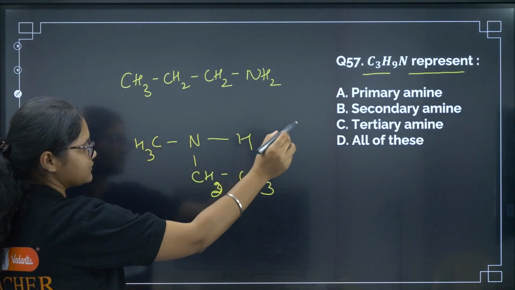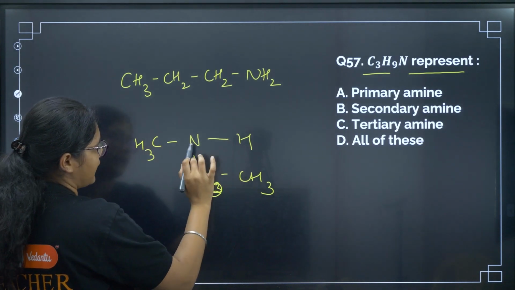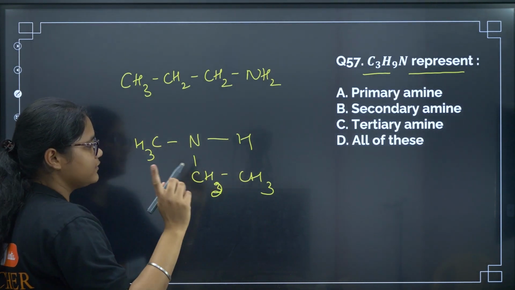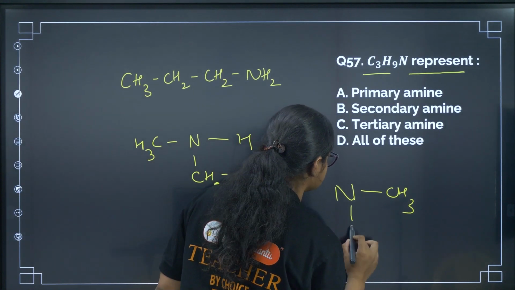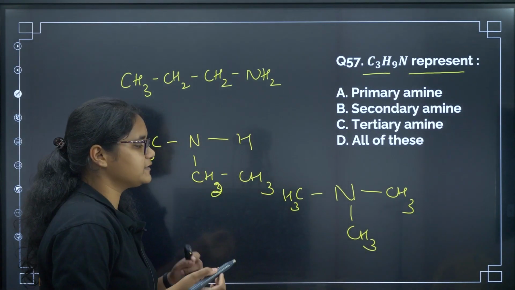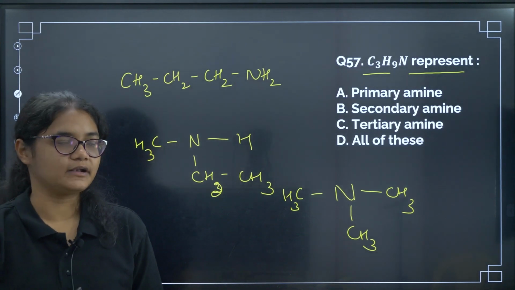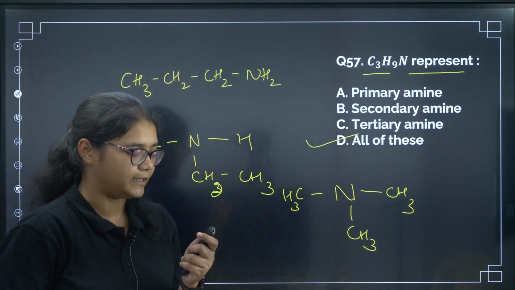So here also this condition is fulfilled. We have 3 carbons, 9 hydrogens and 1 nitrogen. Next, if we try with the tertiary one, that is also possible. So all primary, secondary and tertiary structures can be made with the given formula. So the correct answer for this question will be option number D.